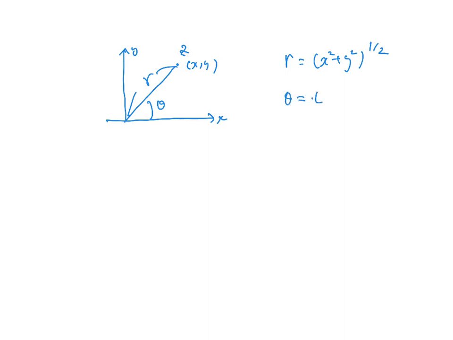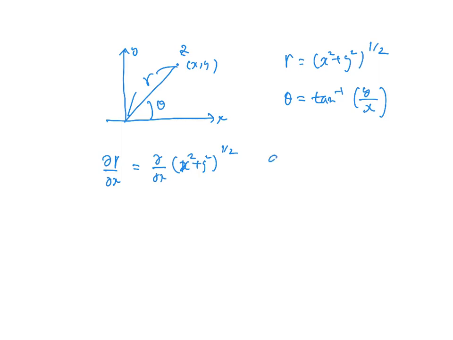Theta is tangent inverse of y over x. So partial r over partial x is easy, right? Partial x of (x squared plus y squared) to the 1/2. And so you can apply the chain rule, right?